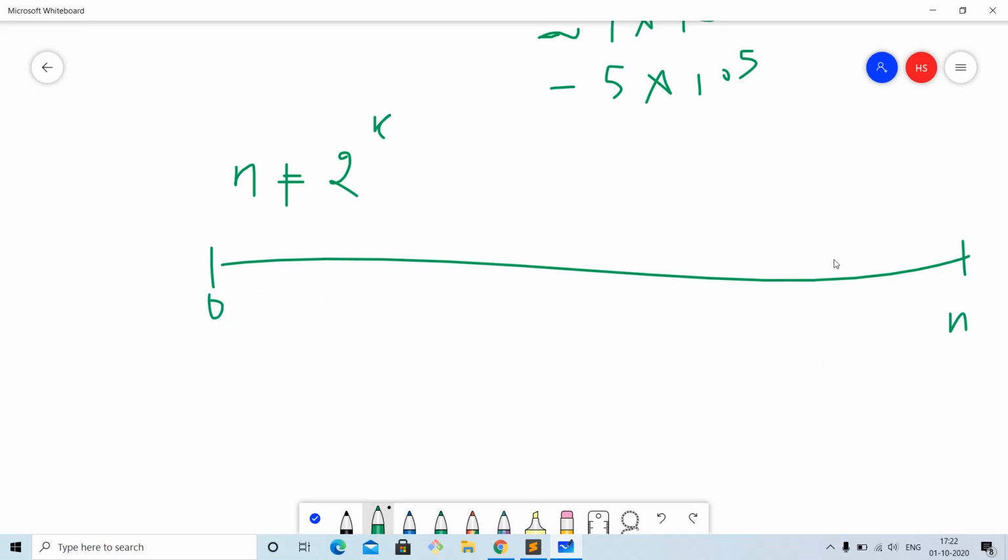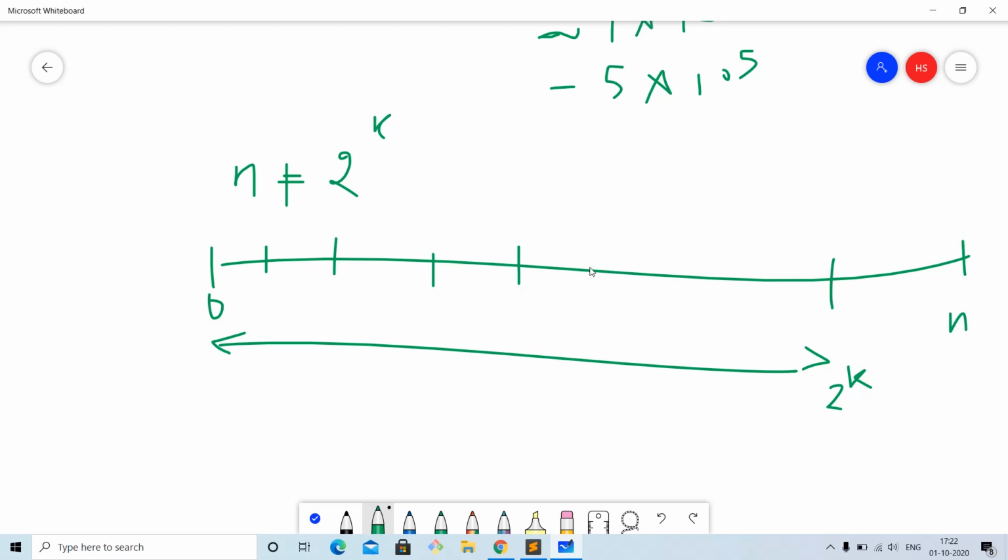But there is some length which can be expressed as 2 to the power k. So we will take any number which is less than n and which can be expressed as 2 to the power k, and we will solve this problem up to this number. Up to this number we will achieve all the numbers being similar numbers, which have only one different number up to this power k.